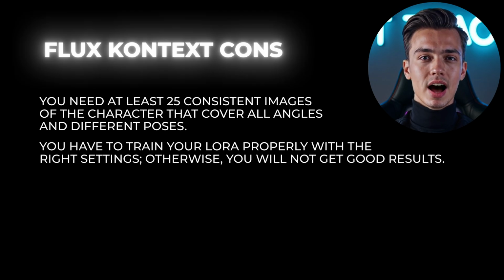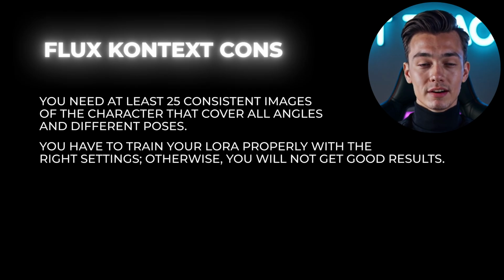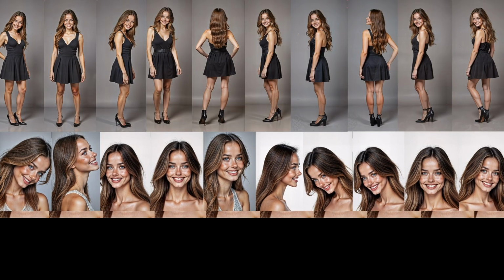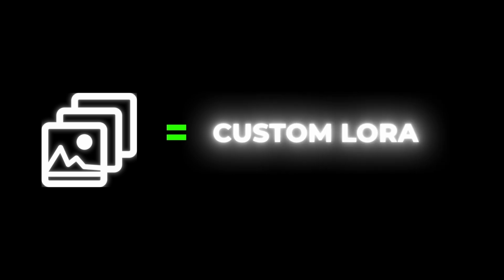But these problems are already solved. In my previous video, I showed you exactly how to create 55 consistent images covering every part, every pose, every expression of the character, and then how you can use those images to train a LoRa with customized settings. All this on your local PC.